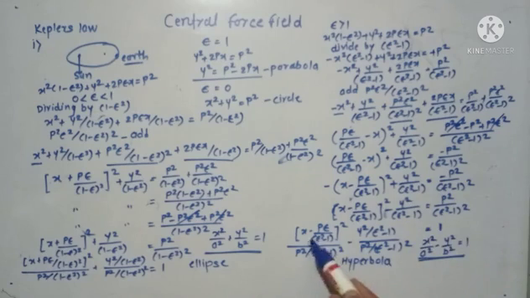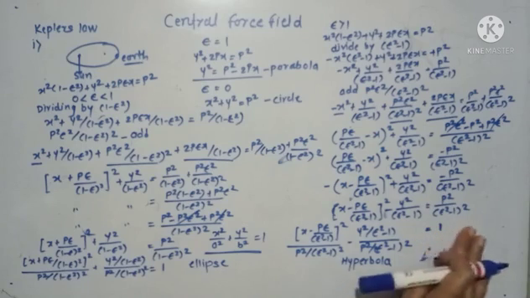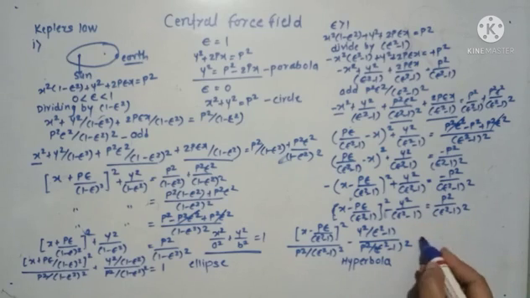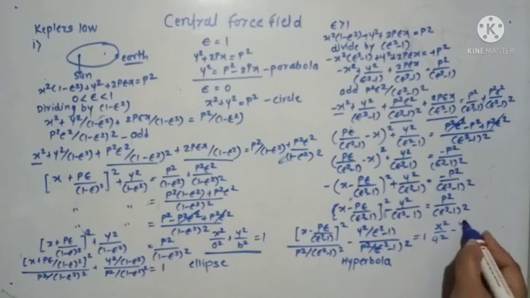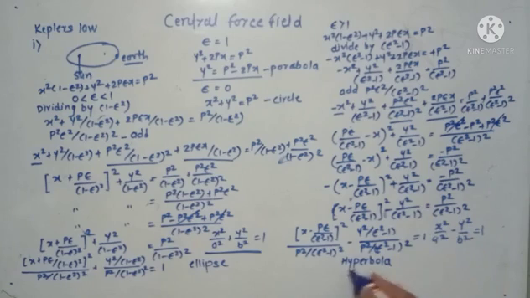I have divided each and every term by the right hand side, and the right hand side is equal to 1. Now this is in the form x squared by a squared minus y squared by b squared equals 1, which is the equation for the hyperbola.